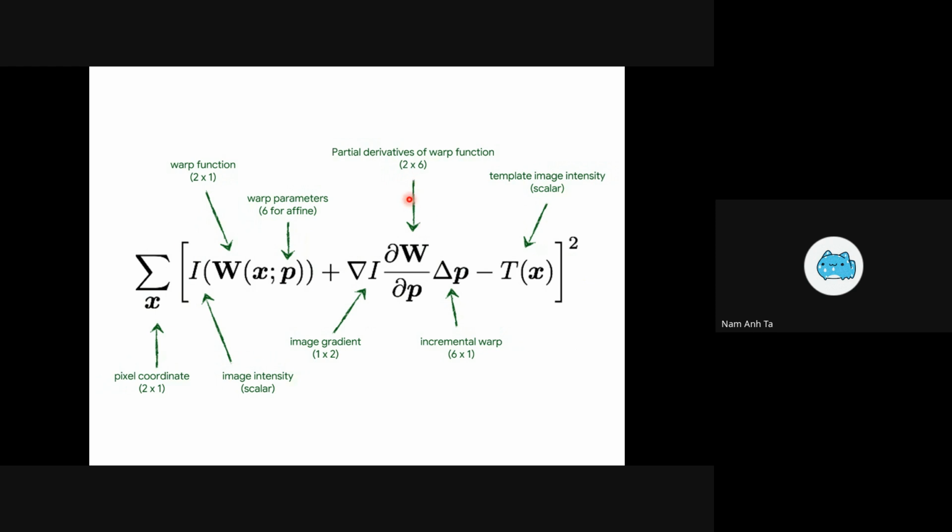This will be 2 times 6 for the affine transform. The delta p right here is the incremental parameters we are solving for, which is of size 6 times 1. And the T of x here is the template intensity, also a scalar. Overall, this equation converts the nonlinear image warping error into a system of linear equations to solve for this increment delta p.